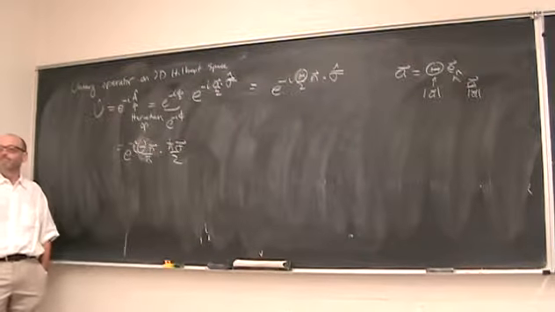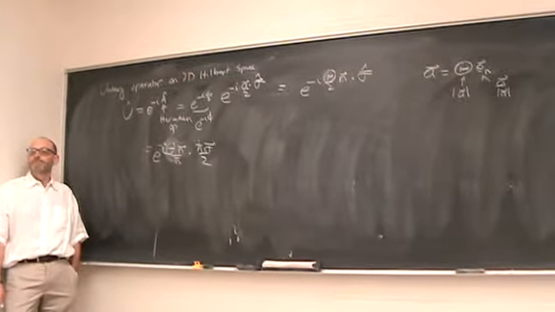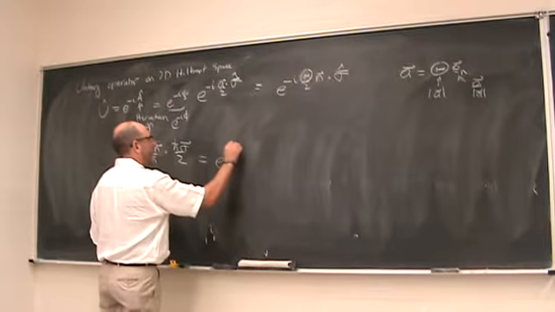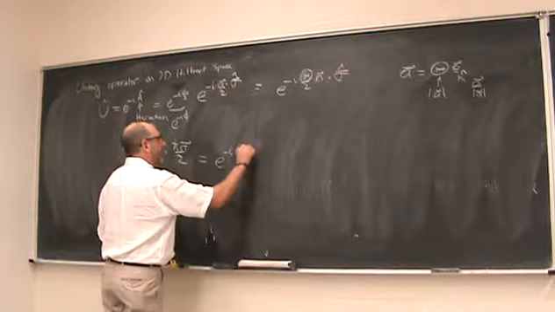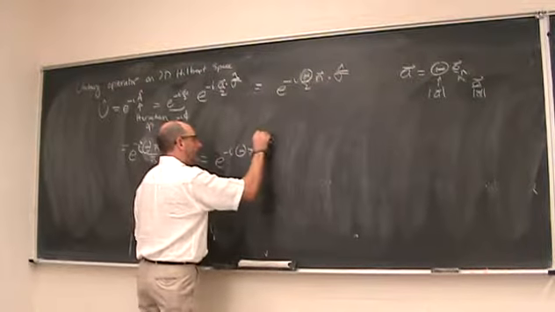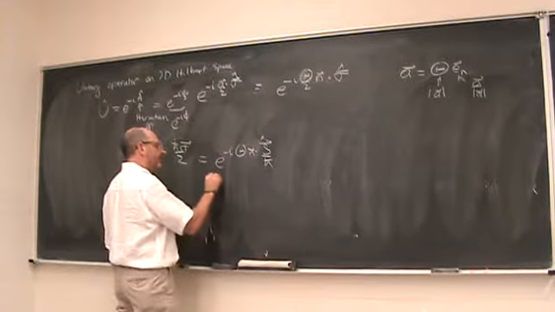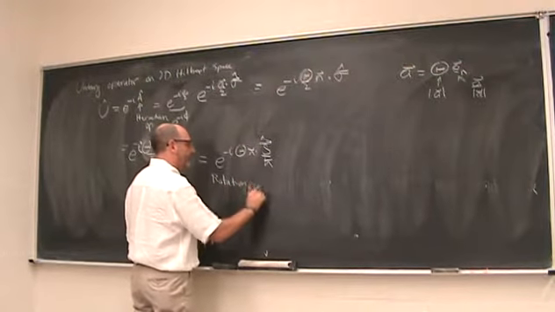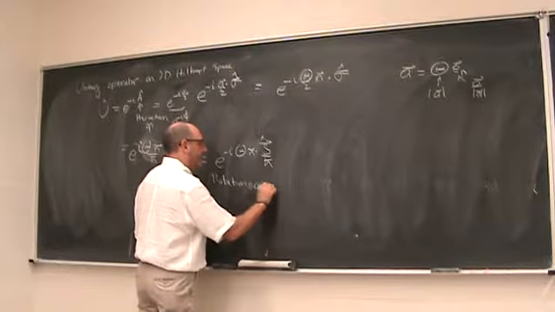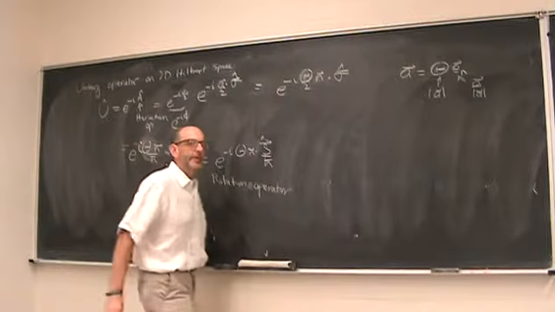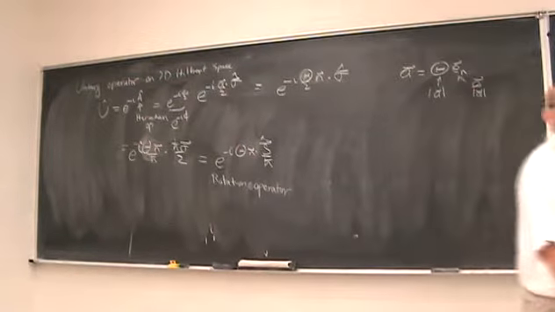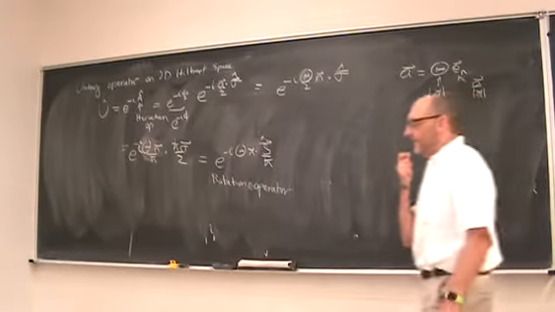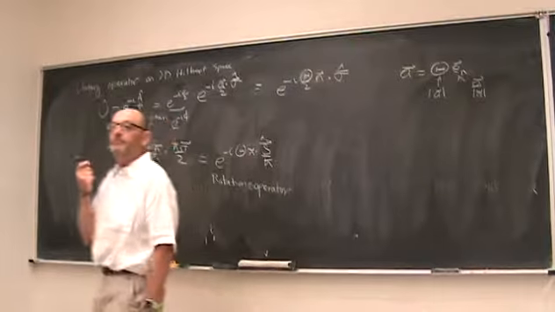And this is nothing more than e to the minus i theta n hat dot S over h bar, which we recognize as the rotation operator. It is the thing that carries out physical rotations in three-dimensional space. Angular momentum is the generator of rotations.